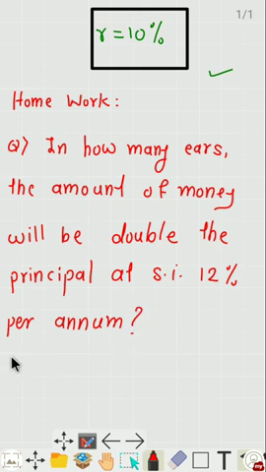Okay, so this is homework to you, so try to solve this question on your own at home.